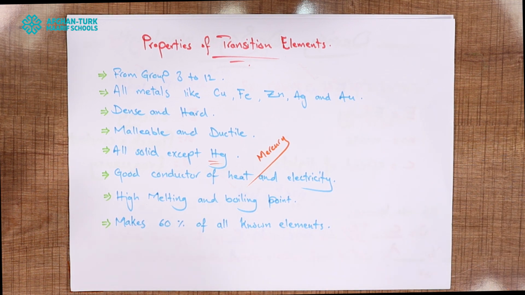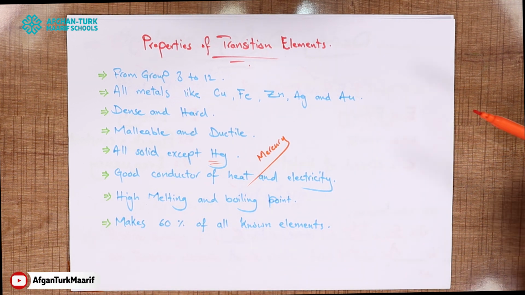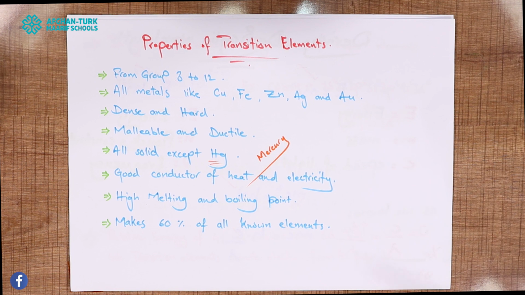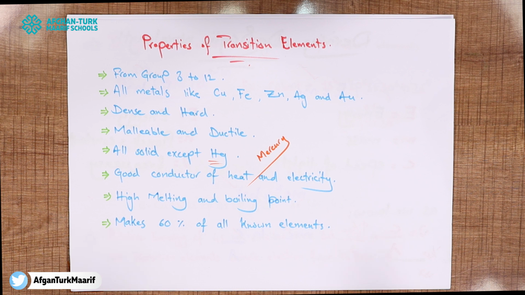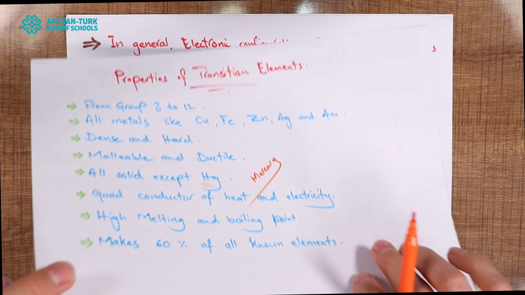Okay? And the next thing is they have very high melting and boiling points. They would not melt at a normal temperature. To melt or boil these transition elements, we need a very high temperature. And the last thing is that they make up 60% of all known elements on the earth. Okay, these are the properties of transition elements. Let's go to the next.